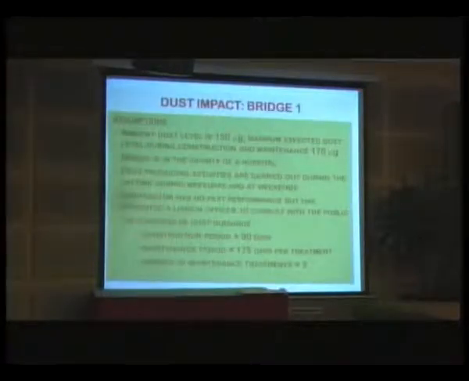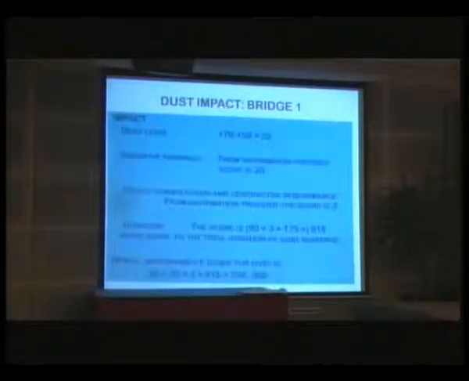We've made some assumptions about what the ambient dust level is, what the maximum expected is, where the bridge is, when the work is going to be carried out, if there's going to be a liaison officer, and the duration of the nuisance. And that enables a sustainability score for dust of 738,000 units.